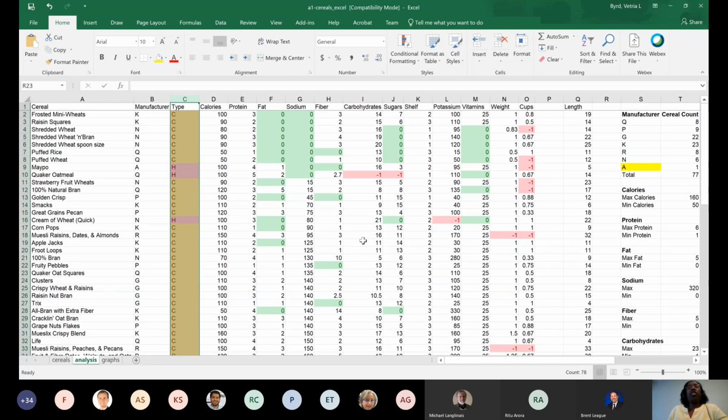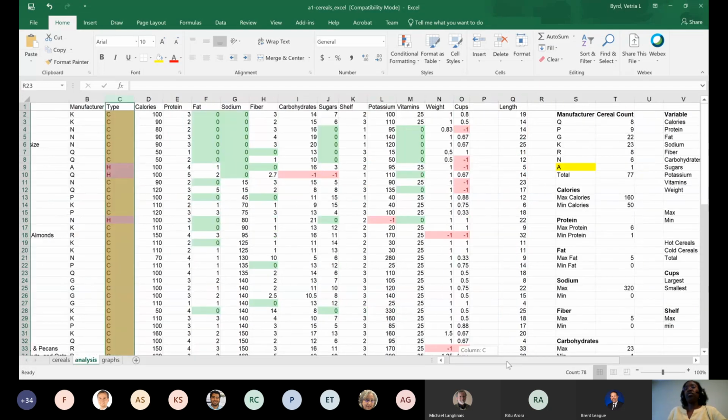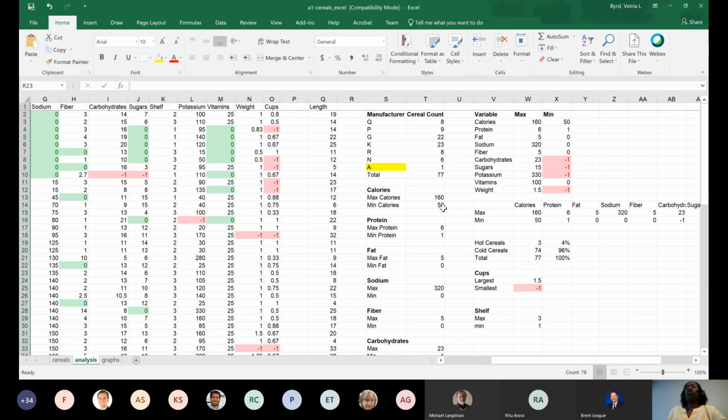One of the things you can do to get a little more insight with this data is to see the maximum and the minimum values. That was one of the things we started to do yesterday. I'm just going to scroll over here. I calculated the maximum and minimum values in the fat column and the maximum sodium in men, those types of things.